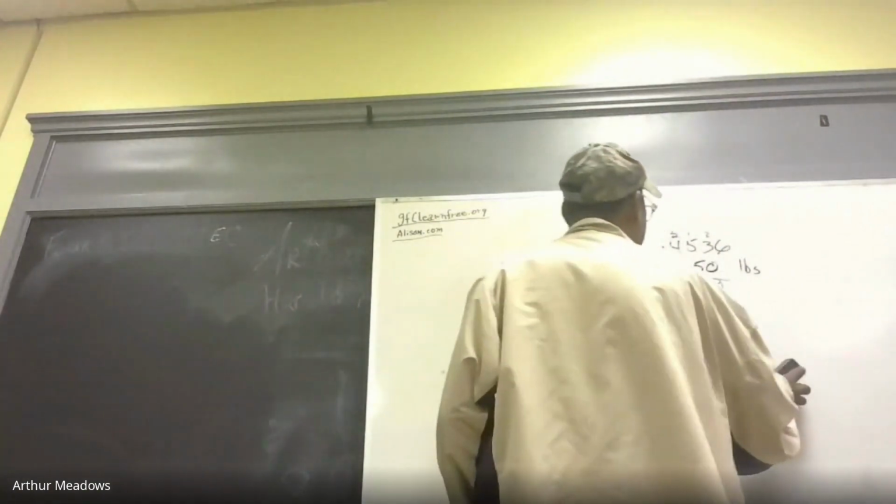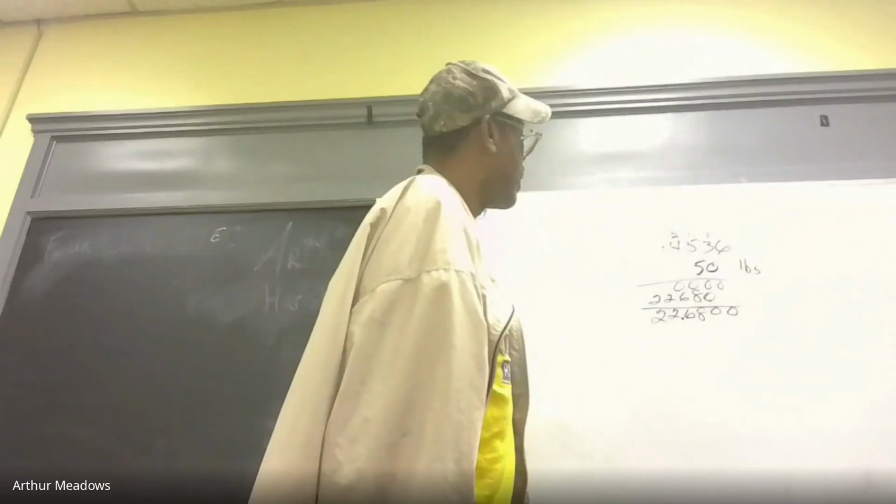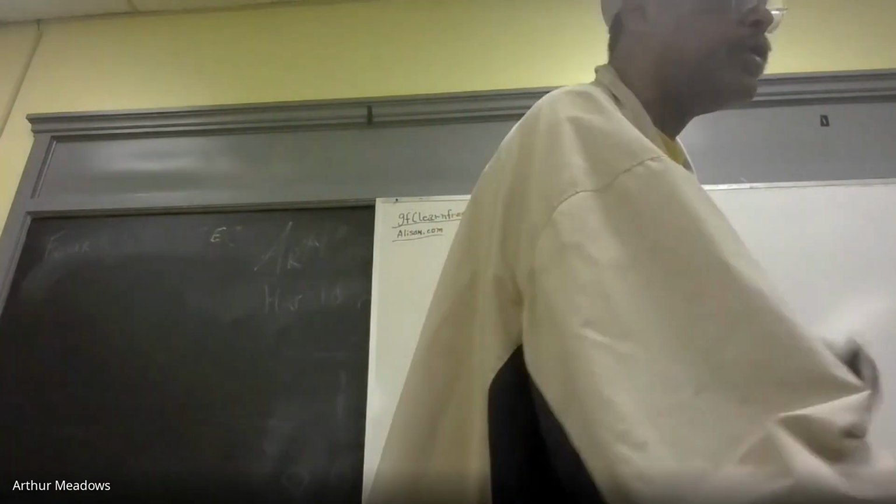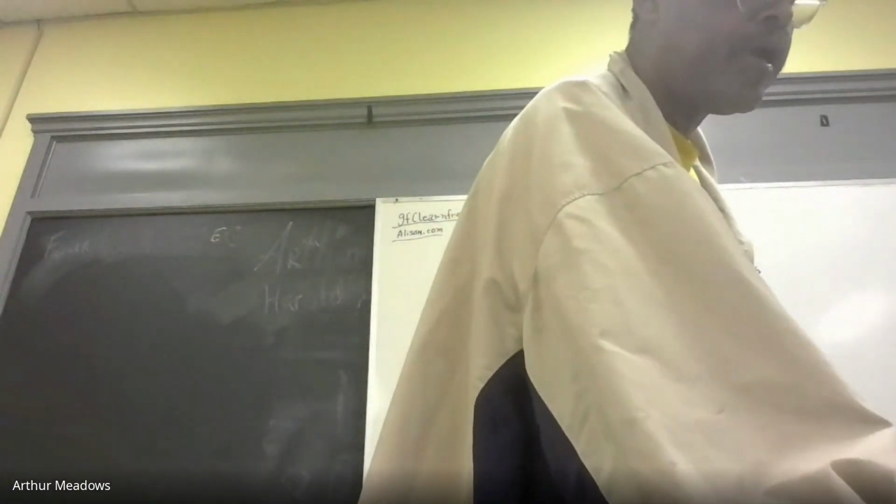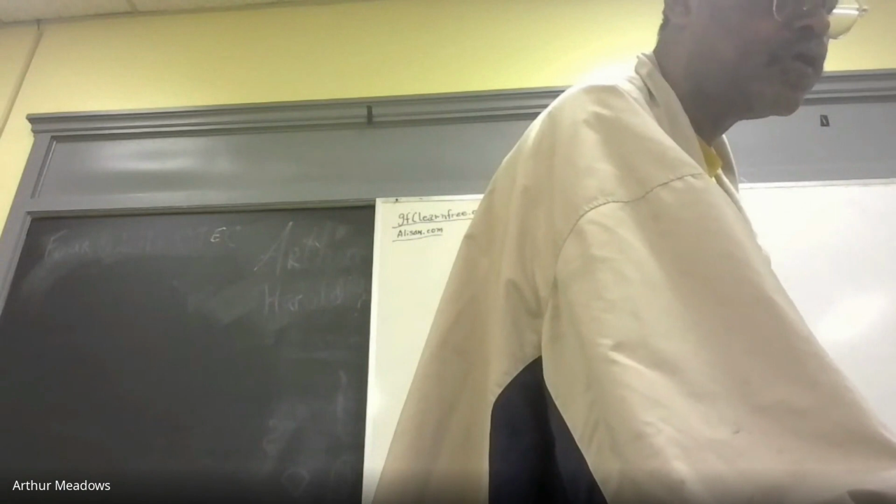Now, hey, Mr. Meadows, that's what I was getting confused at first too, though. But now I know if it's nothing happening with that third number, the number that's after the 8, if it's 0, it's the exact number. Listen to what they said at the end: round answer to the nearest 100th.